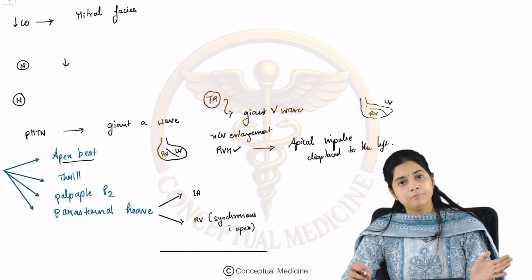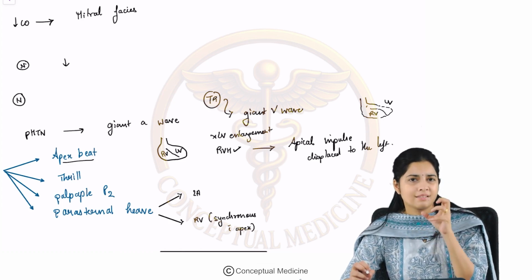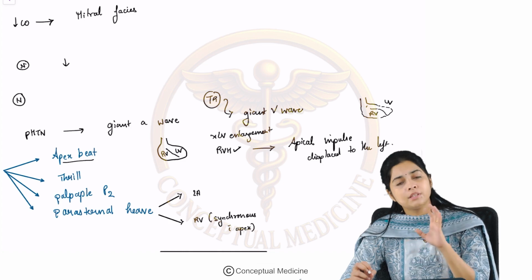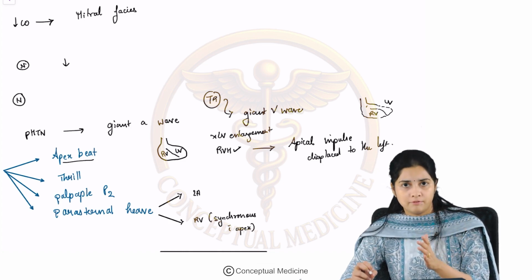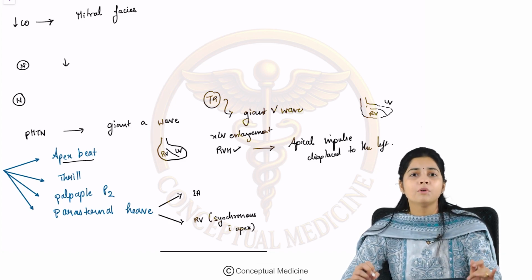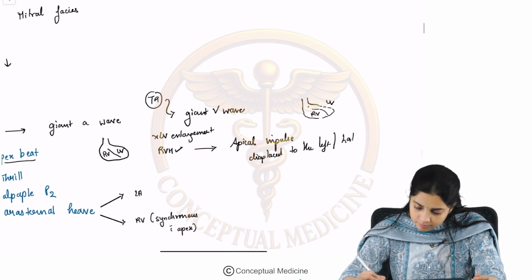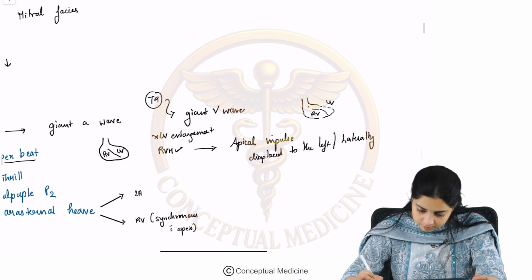So the normal apical impulse is in the left fifth intercostal space. The apical impulse due to the RV will also be in the left fifth intercostal space, but slightly more laterally. So it is pushed or displaced to the left, or it's displaced more laterally.